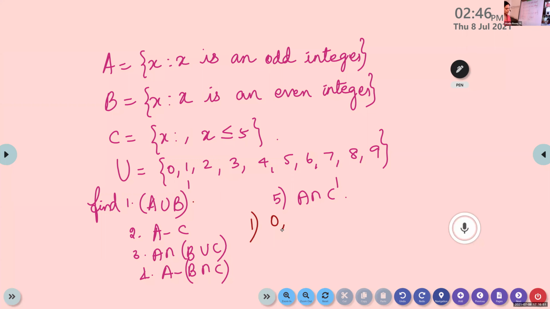How will you get 0? Check it. Is there any other answer? The question is A union B the whole dash. How will you get 0?